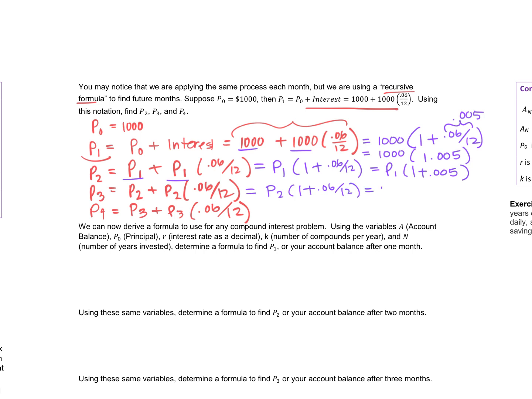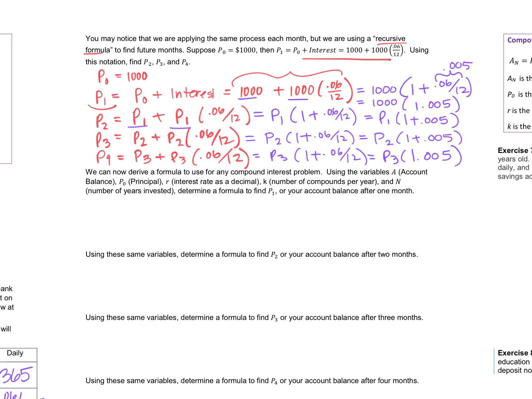And so you can see it's really the previous one times that 1 plus 0.005, or you can even write it 1.005. So we could say like P3 and then 1.005. That's really what's happening.